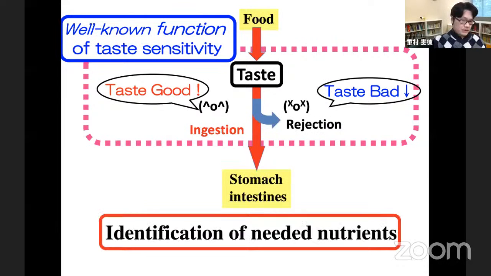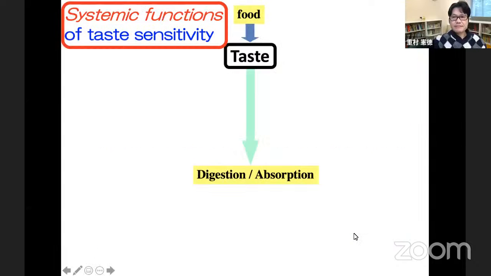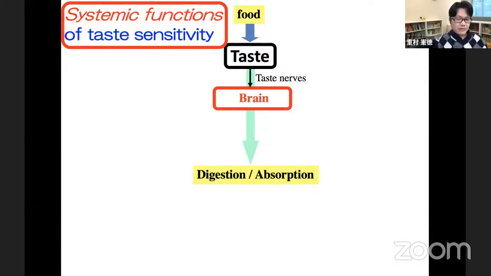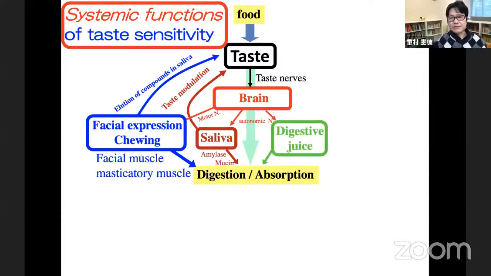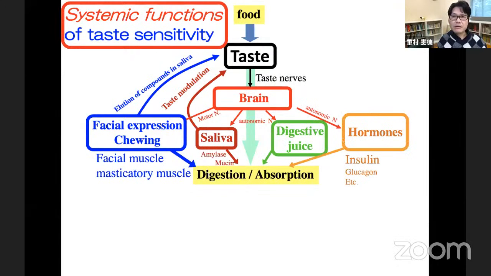So, the well-known function of taste sensitivity is identification of needed nutrients. Furthermore, it has become clear that taste sensitivity also has systemic functions. Taste information is conveyed to the brain, which induces facial expression, chewing, saliva secretion, digestive juice secretion, and hormone secretion, such as insulin.